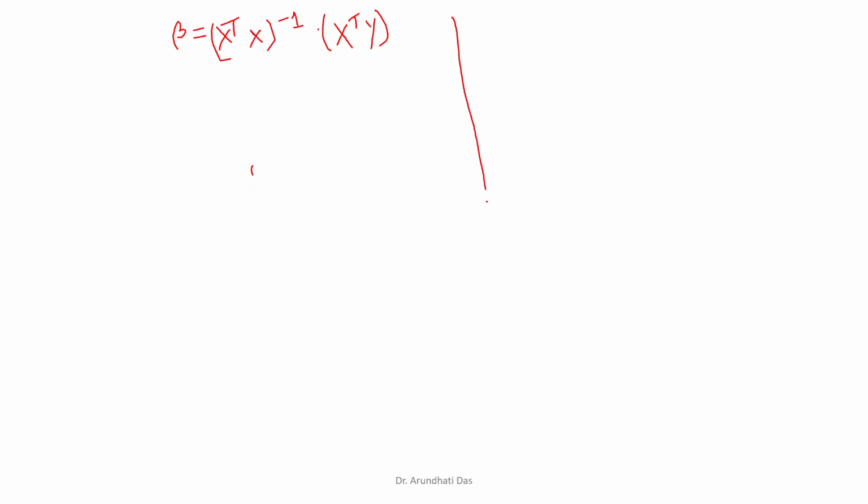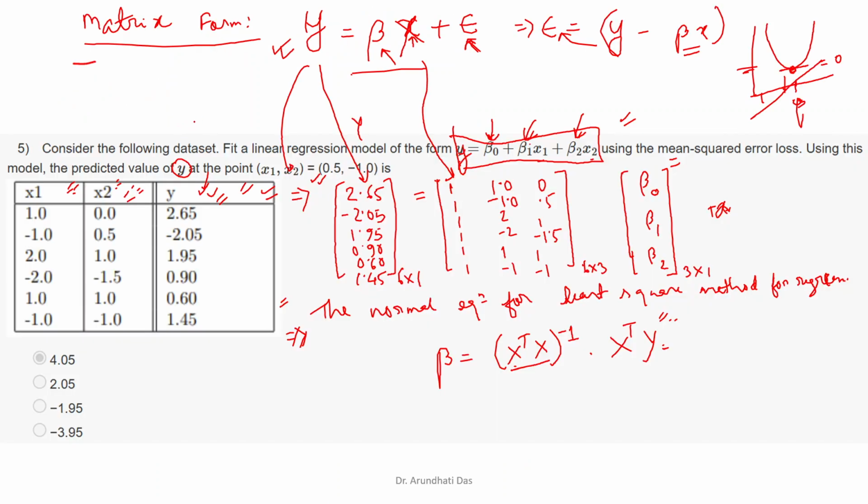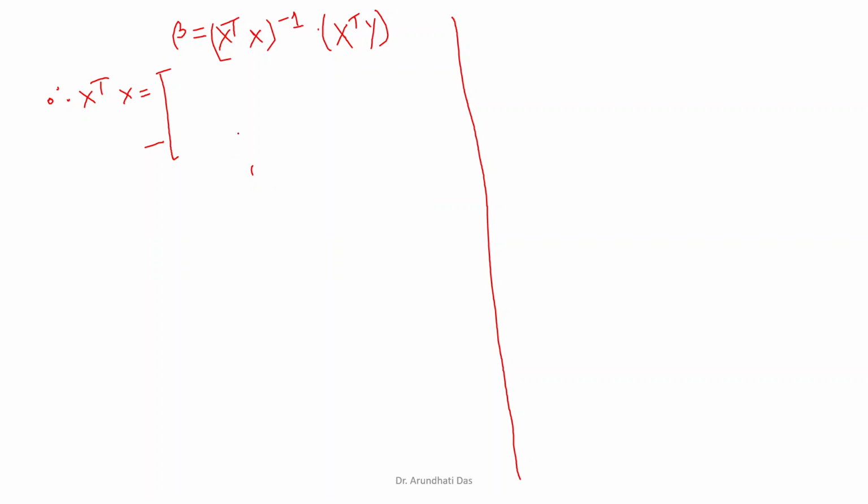For that, let me divide the working space into two parts. First here we'll calculate x transpose x. From the previous slide, as you can see here, this is my x value, right? If I take the transpose of this, then all the columns will be in row format.